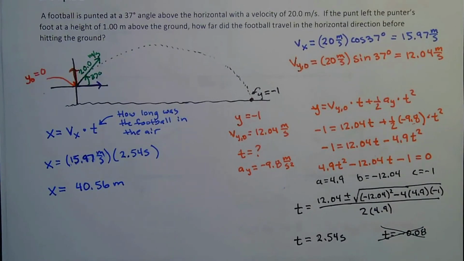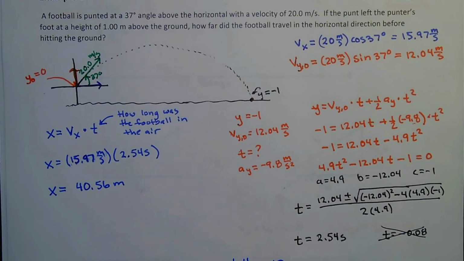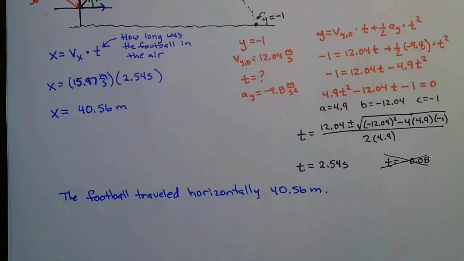So how far did the football travel in the horizontal direction? Okay. So the football traveled horizontally 40.56 meters.